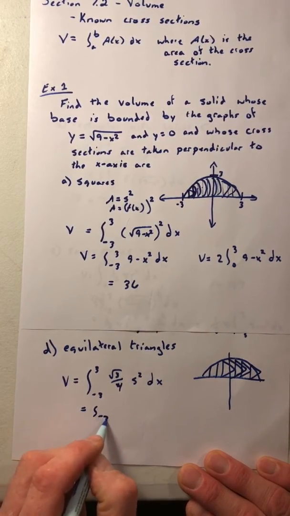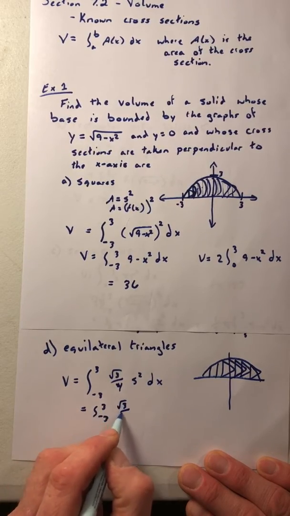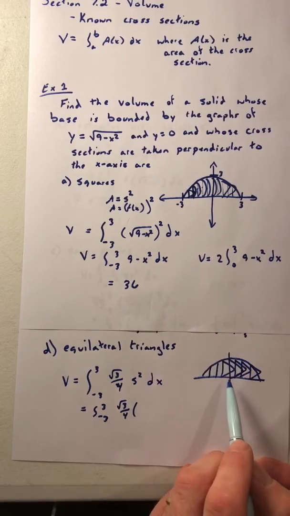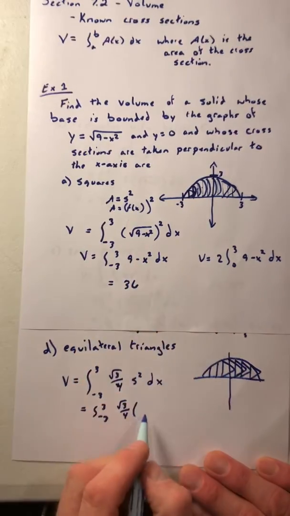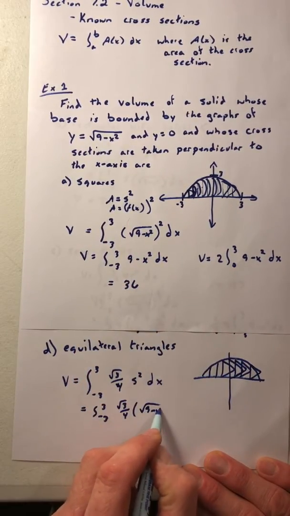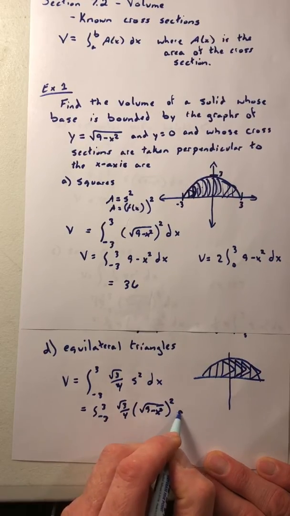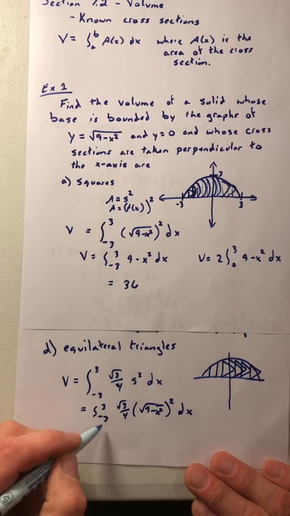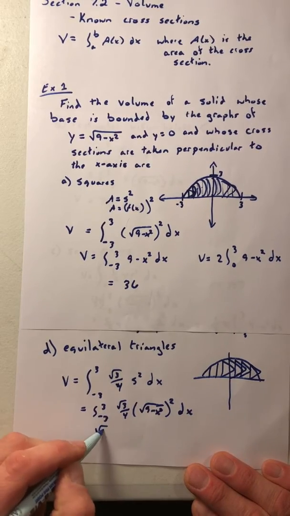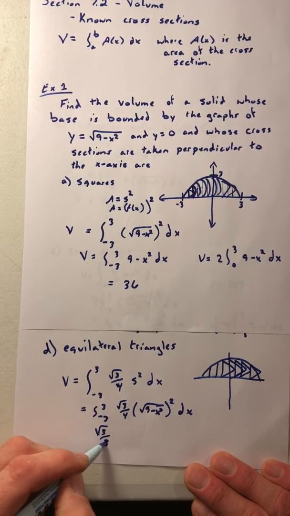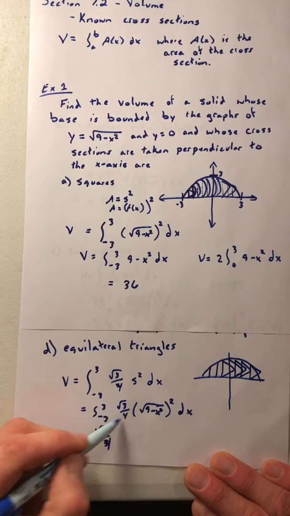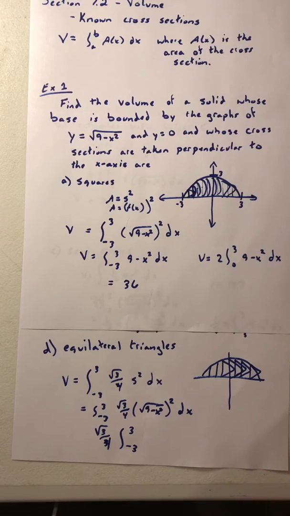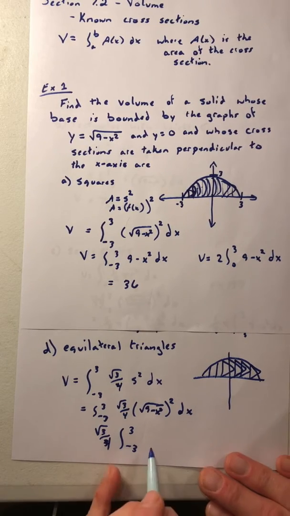So I'm integrating from negative 3 to 3 of the square root of 3 over 4 times my side, which in this case is going to be that function, the square root of 9 minus x squared, dx. Going ahead and simplifying this a little bit. Take that radical 3 over 4 out of my integration, because it's a constant.